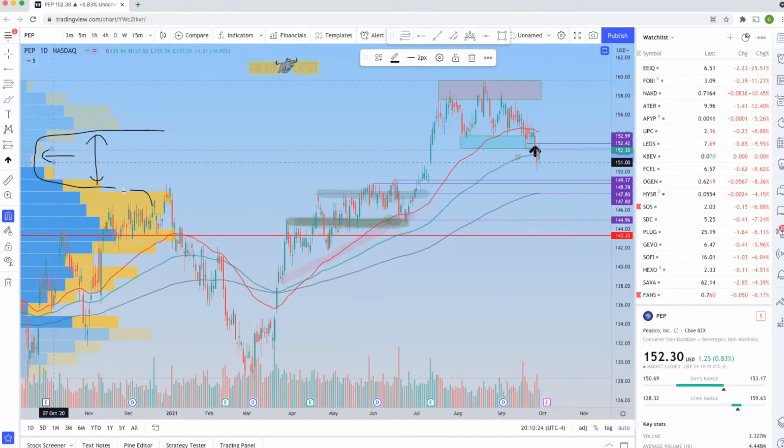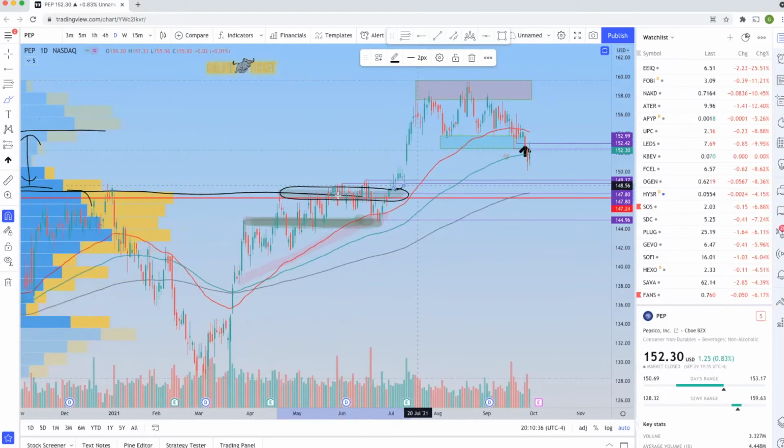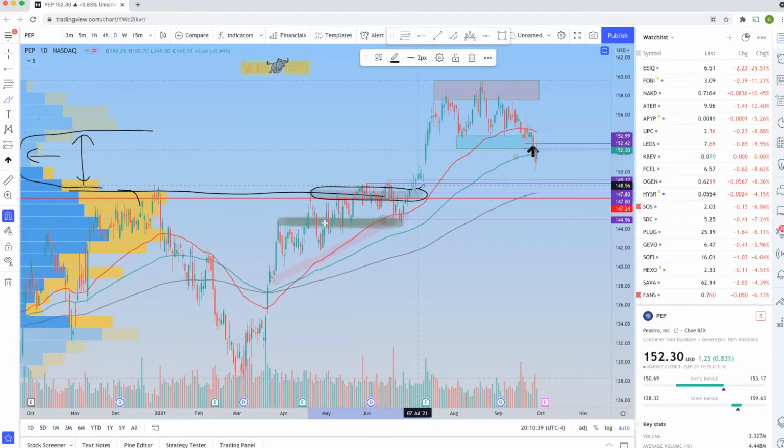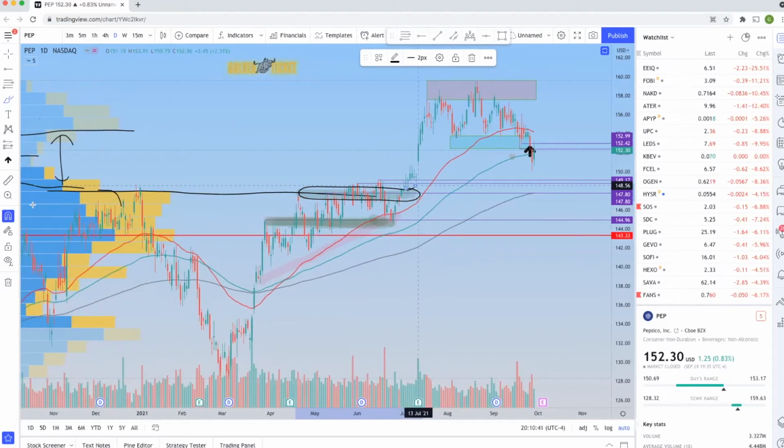What it tells you is that zone matches exactly what we did last week. Last week, we identified that zone as, well, before it was resistance, now it's support. The volume profile confirms it, because that zone is very significant compared to what you get between 148 and 154.